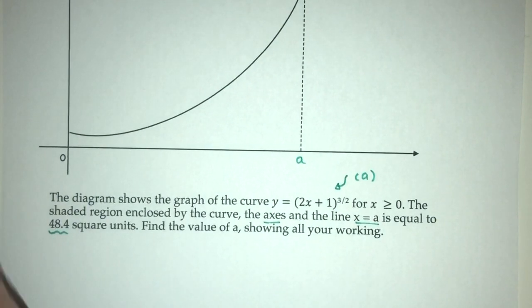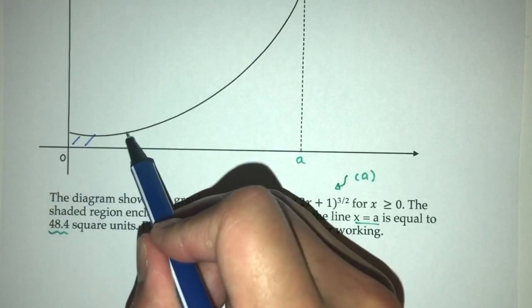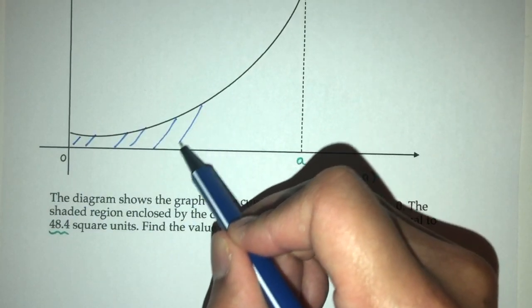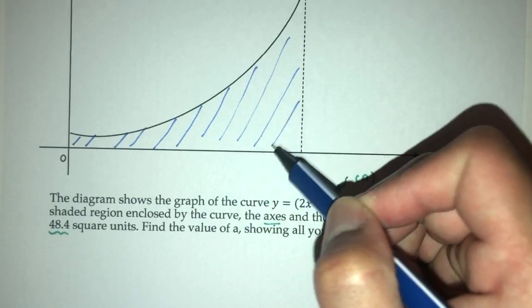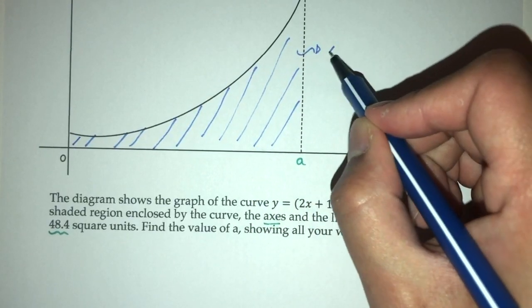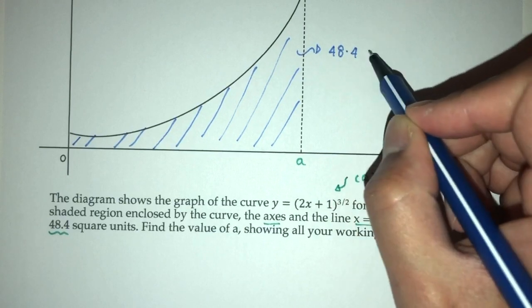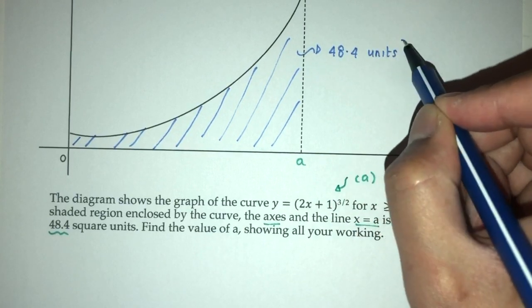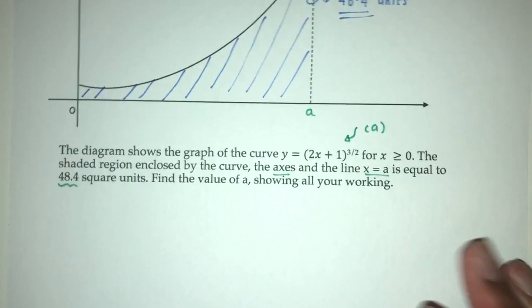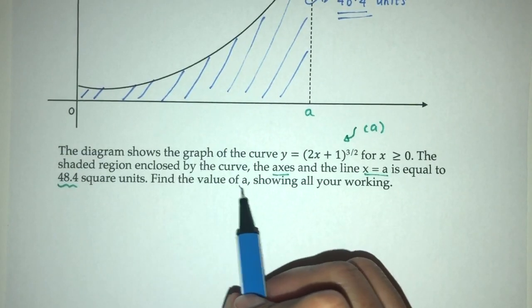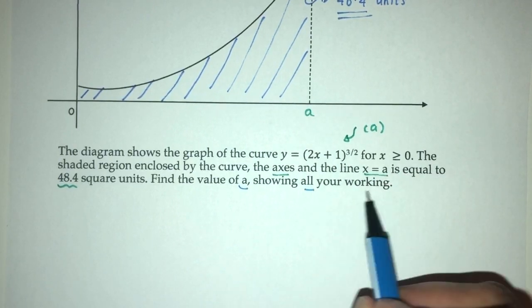We have been given that the value of this area is 48.4 square units, so we have to use that information to find the value of a, showing all your working.